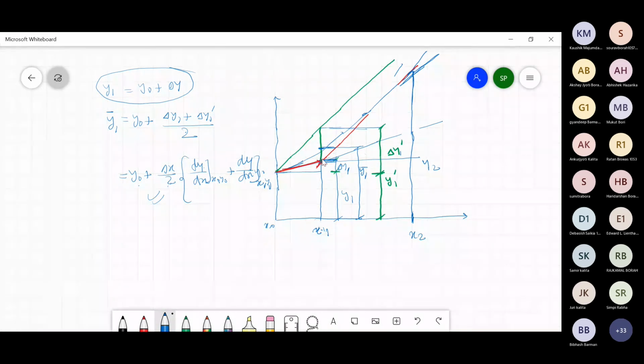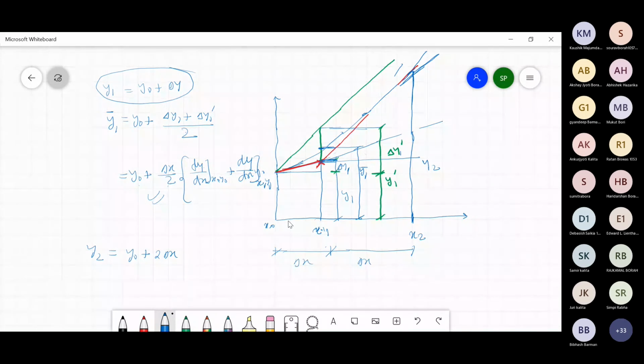Now, if we are finding the value at x2, then y2 will be what? We are considering y0. That means we are not using the previous value. We are using the value previous to previous for finding y2. y0 plus 2 delta x, because we are using the initial value, here it is delta x and delta x.